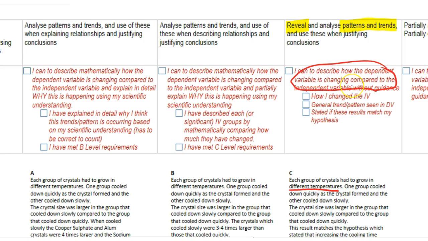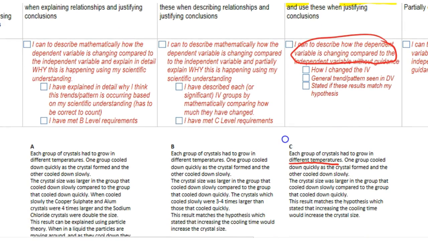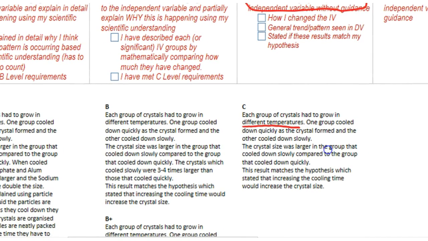How did you change the independent variable? Well, to start off with, here's an example. We grew them in different temperatures. We had one cool down quickly and we had the other cool down slowly. I have just told the reader how I changed the independent variable.